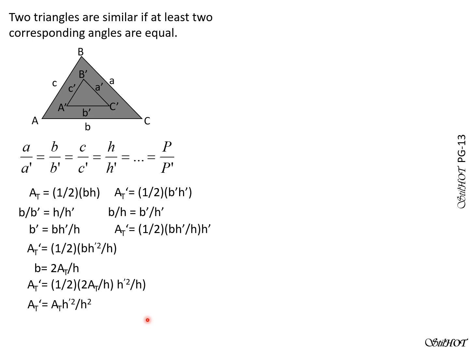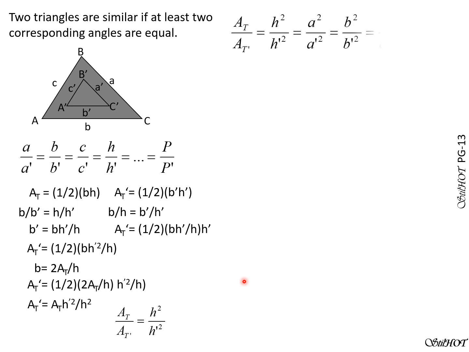So the ratio of the area of the outer triangle to the area of the inner triangle, area T over area T prime, is also equal to the square of corresponding dimensions. What are the corresponding dimensions? Altitude. So altitude square over h prime square. This continues as an equality, and that is also true for a square over a prime square, b square over b prime square, c square over c prime square, perimeter square over perimeter prime square.